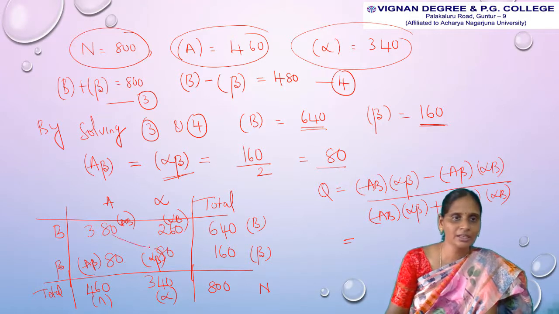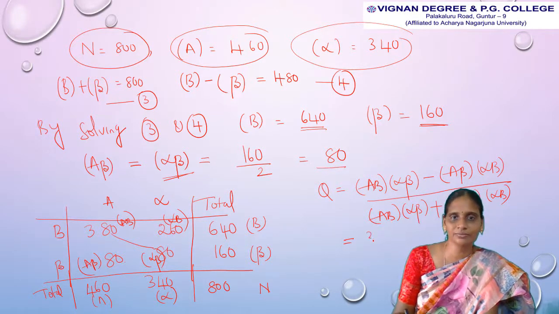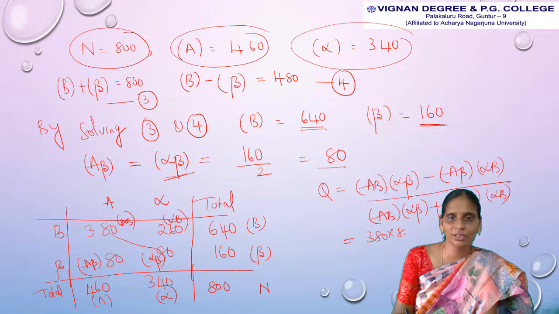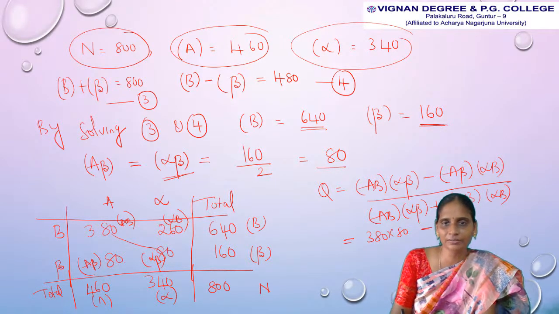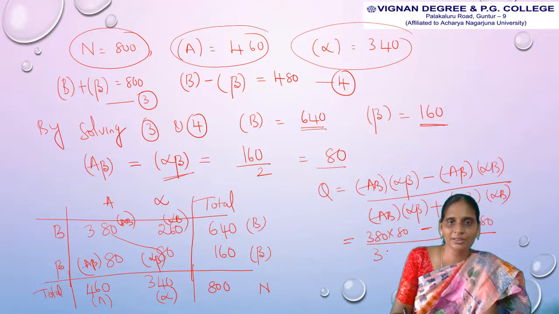So 380 into 80 minus 260 into 80, by 380 into 80 plus 260 into 80. After the calculation we get 0.1875.